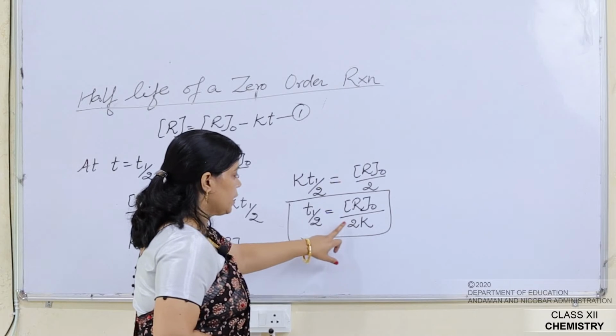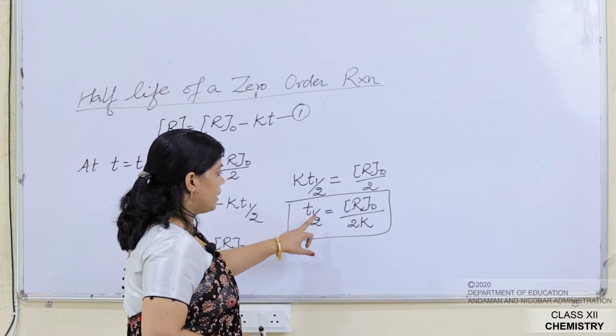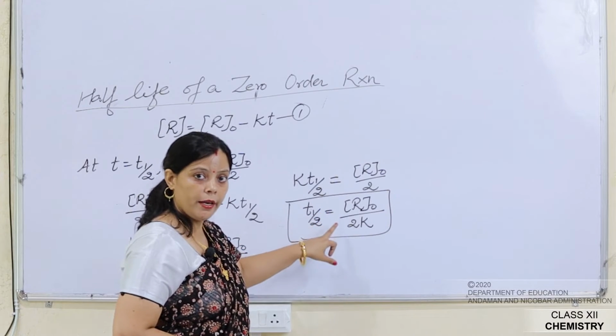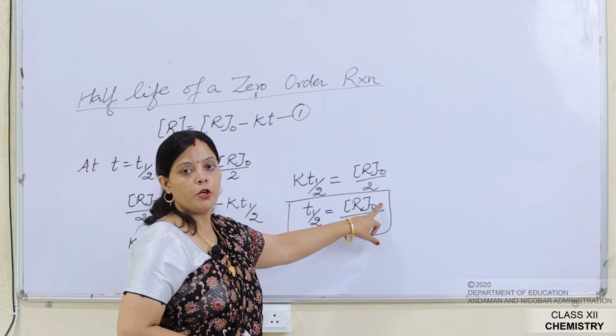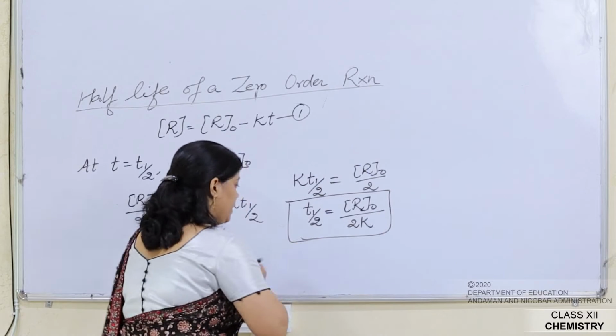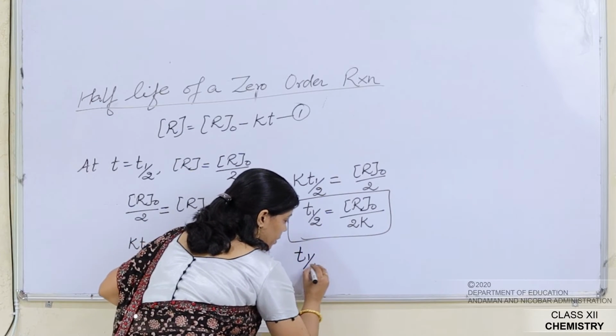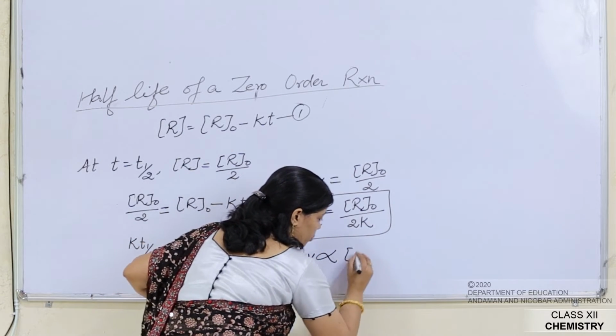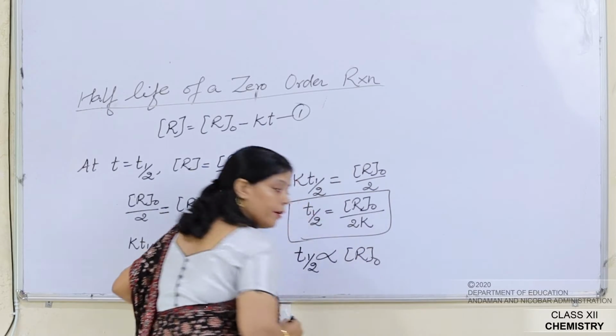From this equation it is clear that the T half for a zero order reaction is directly proportional to the concentration of the reactant.